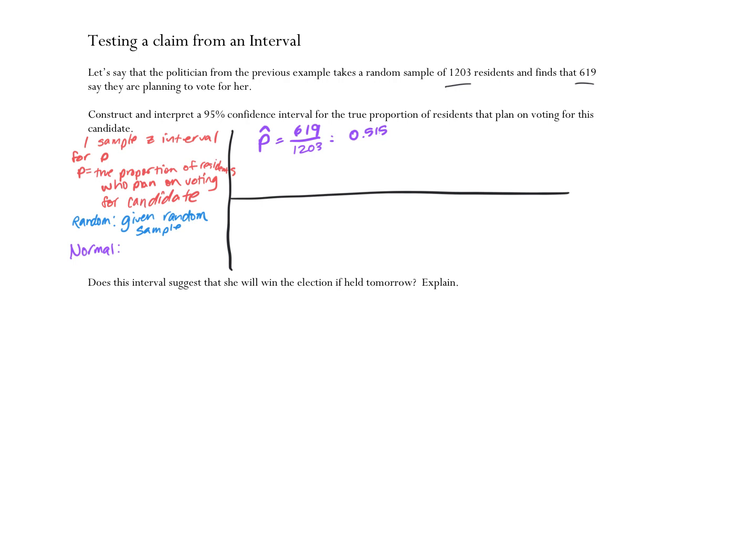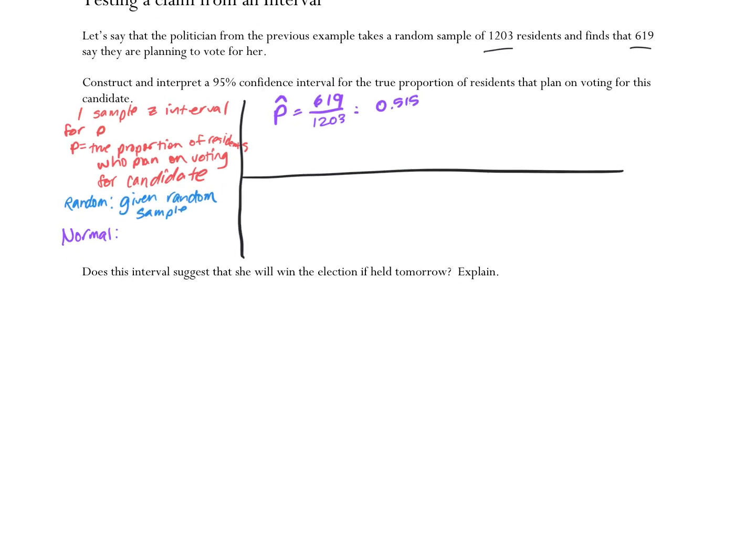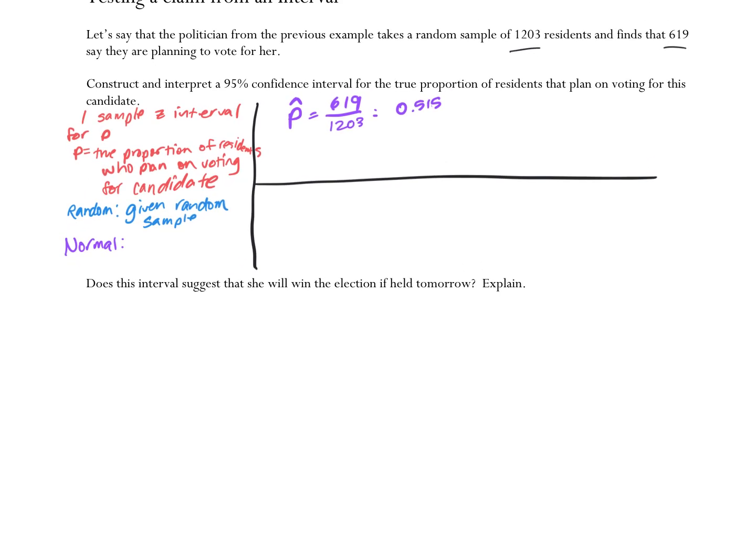No. You guys with me? So the reason we do all this is because just because one sample said this, they could take another sample and it could be 0.495. Do you see what I'm saying here? And that may or may not be crazy. And rather than trying to decide whether this is big enough to convince us, we do the interval to make that decision. Everybody good?